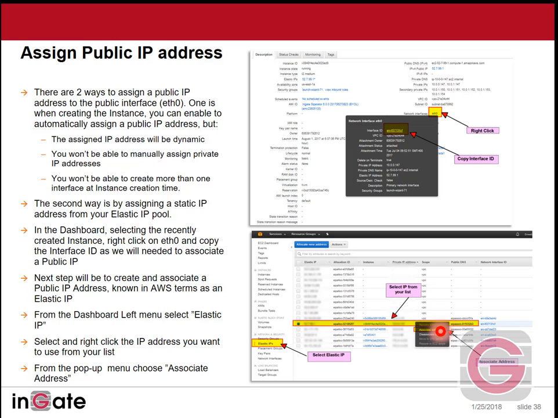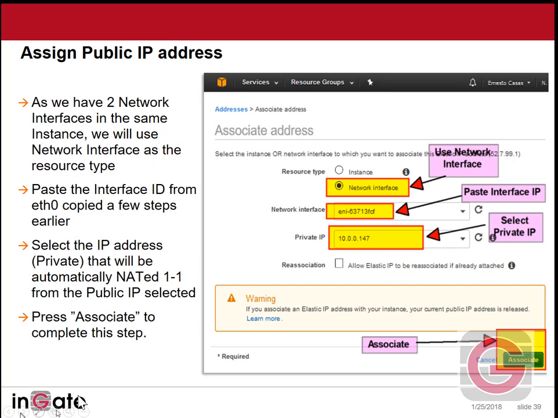You're going to select from the right-click menu, associate address. When you press associate address, as you can see on this menu, you can select instance or network interface.